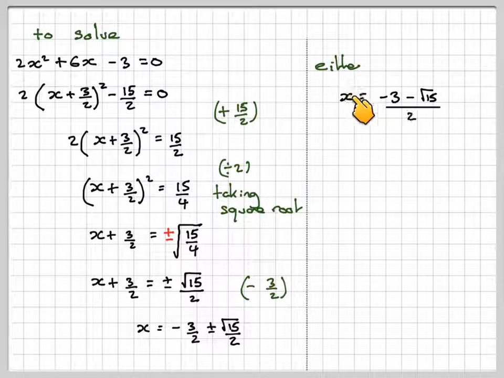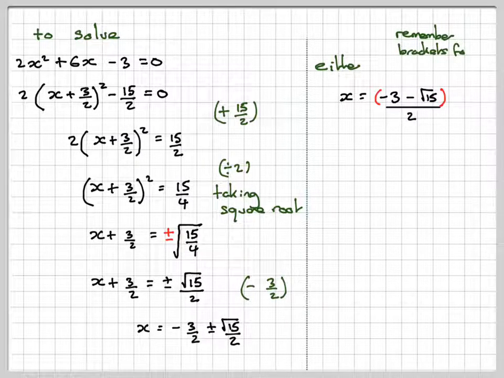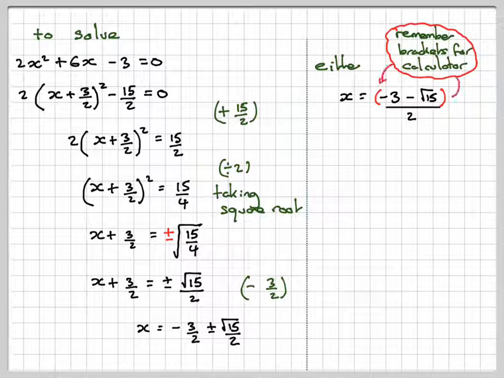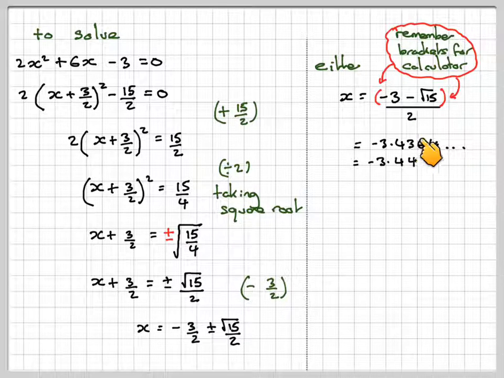Okay, so either x is equal to minus 3 minus root 15 over 2, and if we're going to use our calculator we need to put in brackets, or if you've got those modern calculators you can use the fraction function and write it all in. That will give you minus 3.4364, etc. and rounding it off to two decimal places, the 6 will make that 3 a 4, so it's minus 3.44.